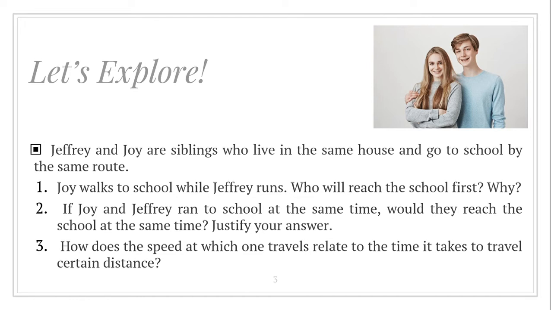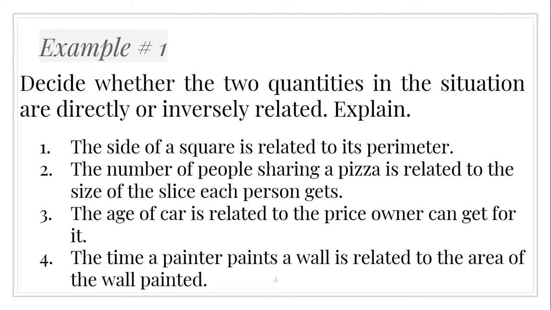Okay, so let's move forward with example number one. We have to decide whether the two quantities in this situation are directly or inversely related, and we have to explain why. We have here a set of sentences, and we'll identify what is quantity 1, what is quantity 2, what kind of relationship they have, and explain why.